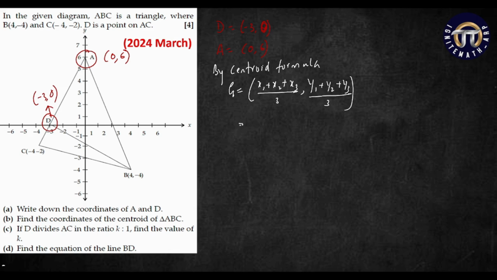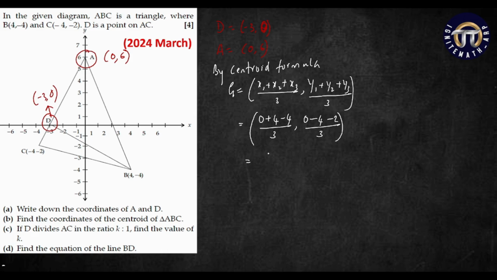So I'm finding the centroid of triangle ABC. I can take the coordinates of A as x1 y1, B as x2 y2, and C as x3 y3. So here I can write 0 plus 4 minus 4 by 3, then y1 plus y2 plus y3 by 3, 0 minus 4 minus 2 by 3.